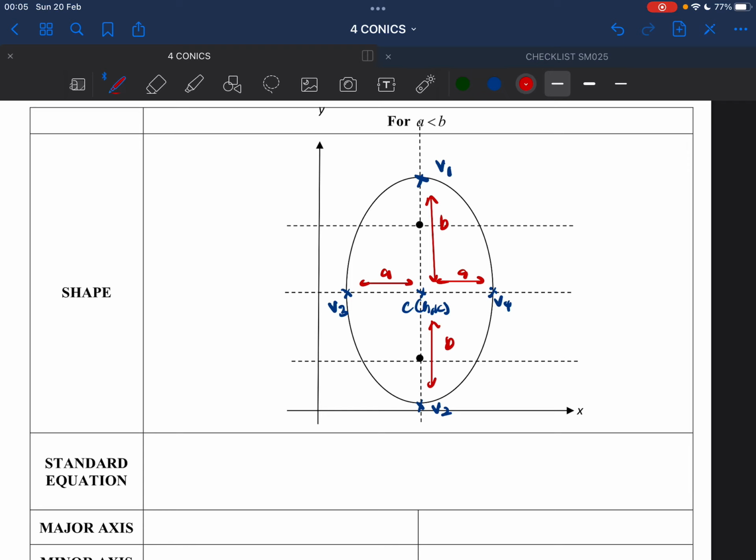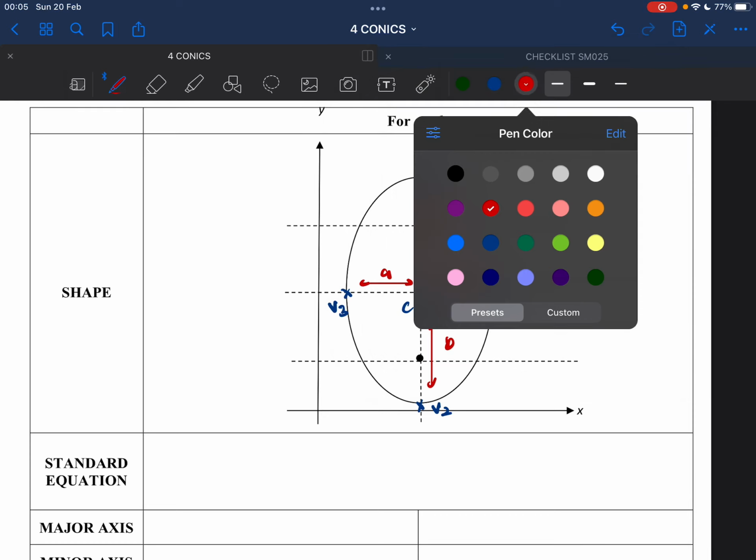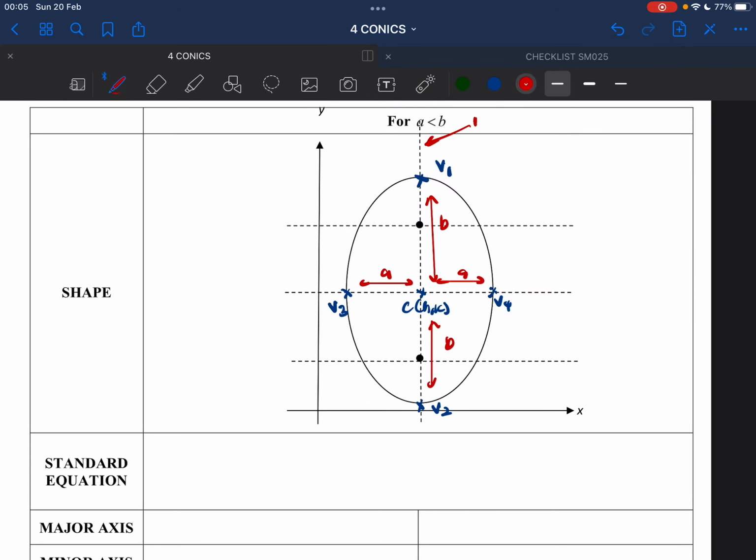Now, since you know that the shape is vertical, you know that here is going to be your major axis. This is major axis, and this is your minor axis. And one more thing that we have to know is the foci. So here is the foci. Let's label that as F1. Here is F2.